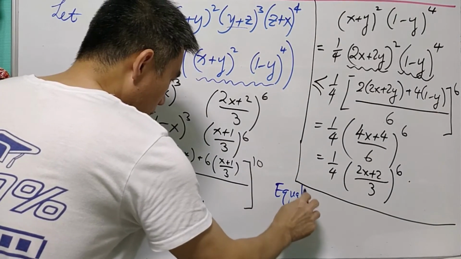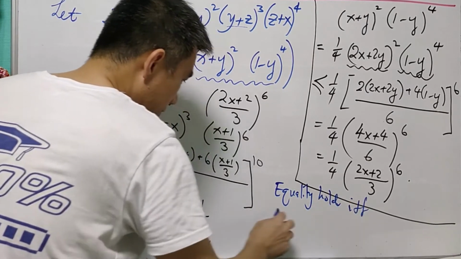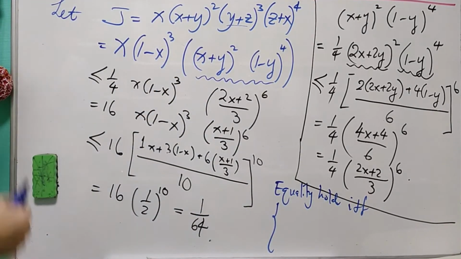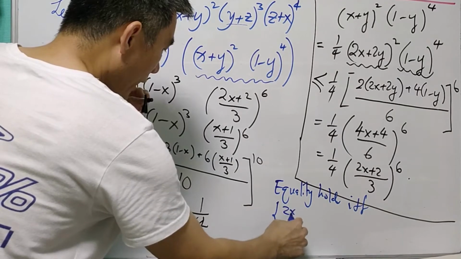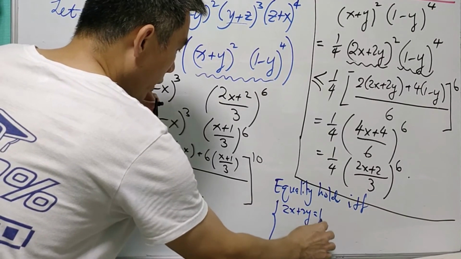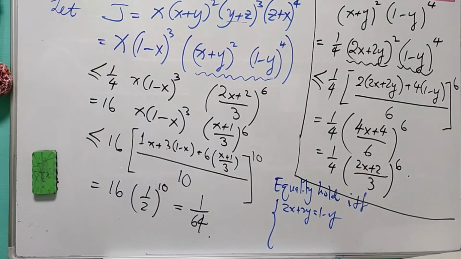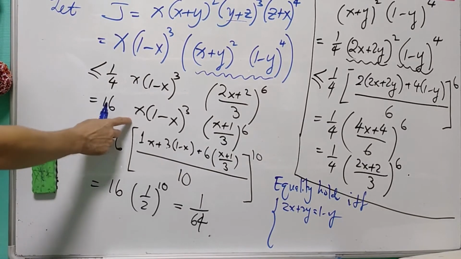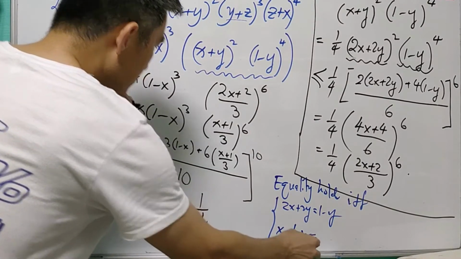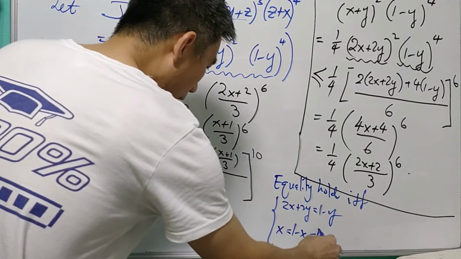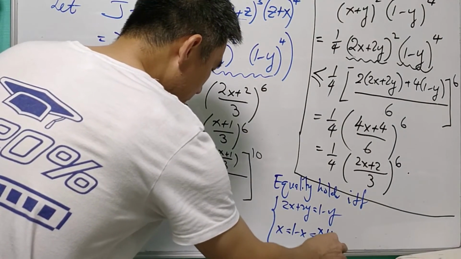So equality holds if and only if there are two conditions. The first condition is 2x plus 2y equals 1 minus y. And the second condition is x equals 1 minus x equals x plus 1 over 3.